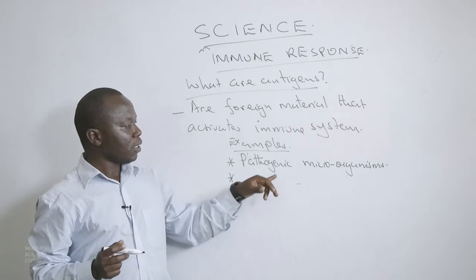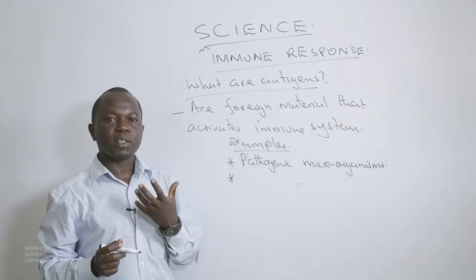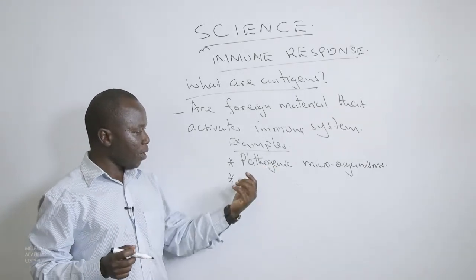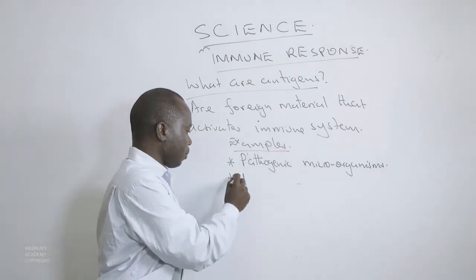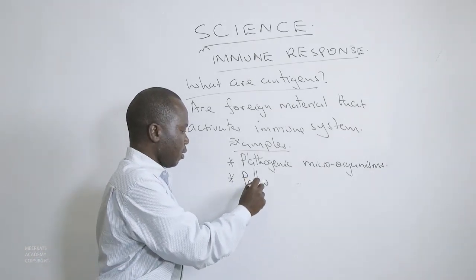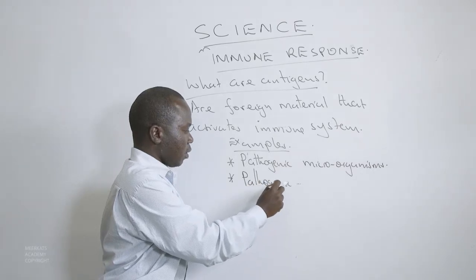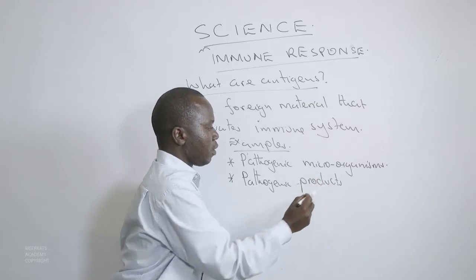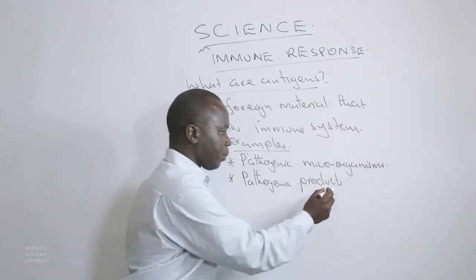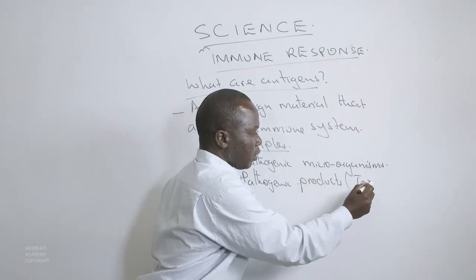And then these pathogens can also produce products, pathogenic products. So what are these? For example, toxins.